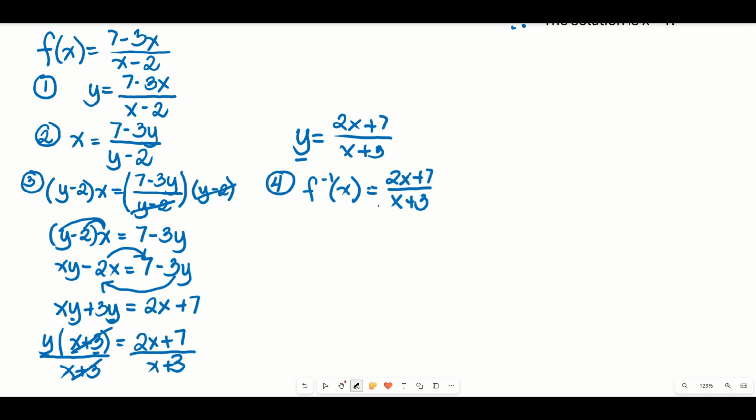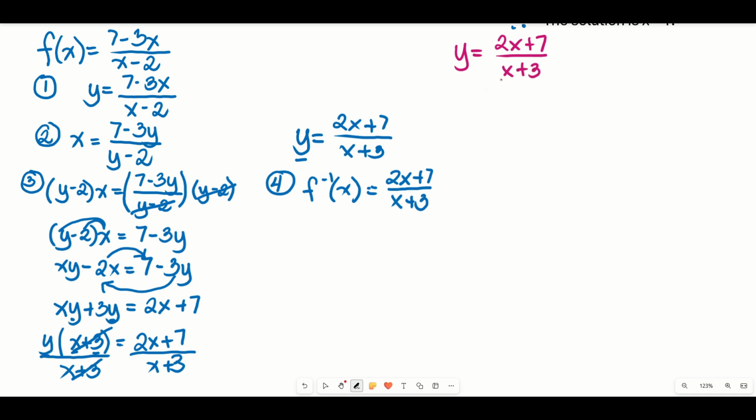So let's try to get or to solve for the inverse of f inverse of x. The first step that we need to do, instead of f inverse of x, we write it as y is equal to 2x plus 7 over x plus 3.